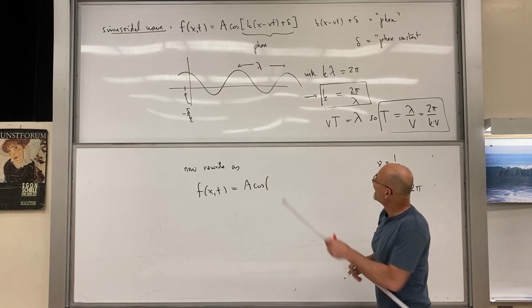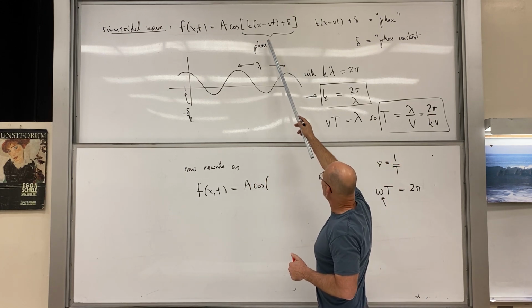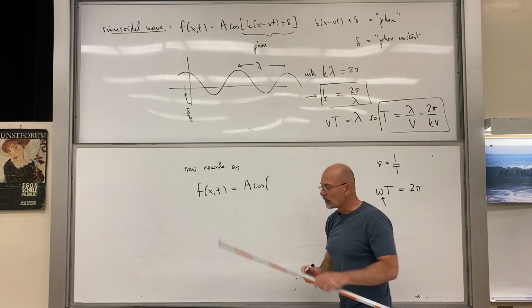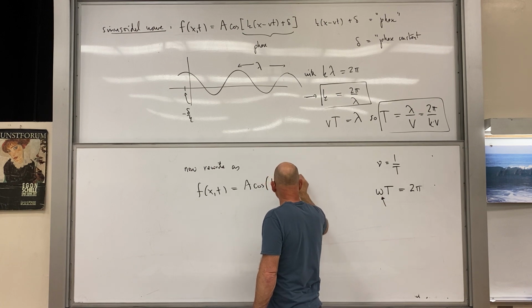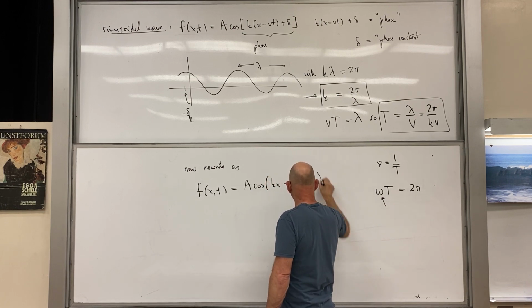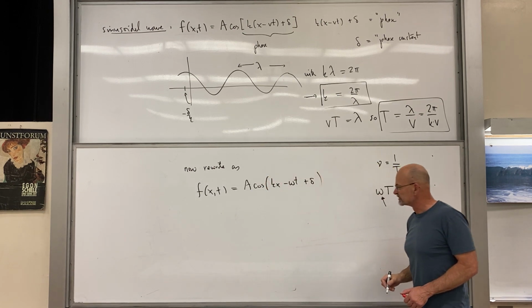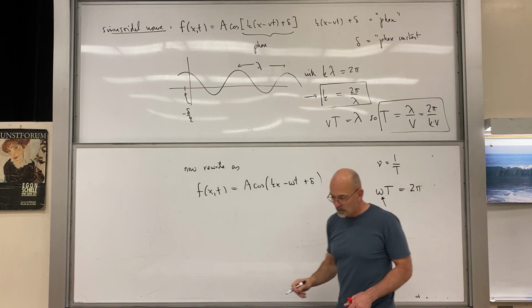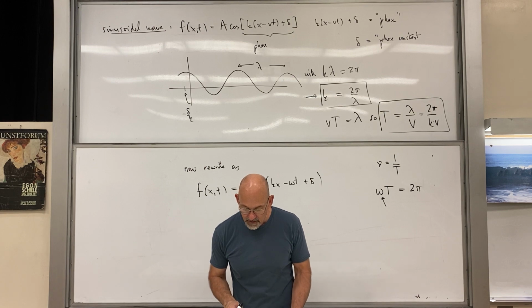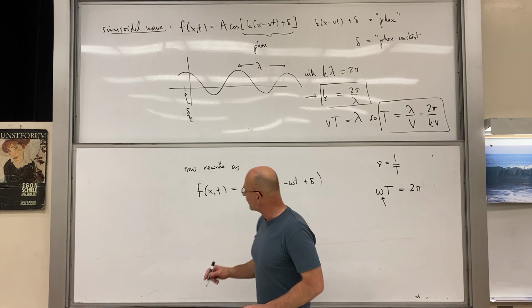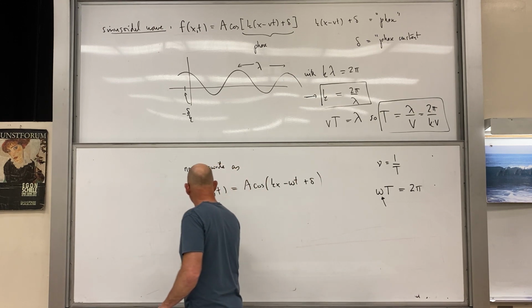We've already got the kx, but now we're going to have kvt being equal to omega t: A cosine of kx minus omega t plus delta. Okay. That's going to be the standard form that we write it in, for a wave moving to the right.